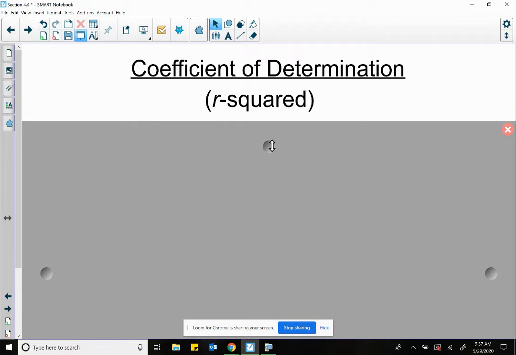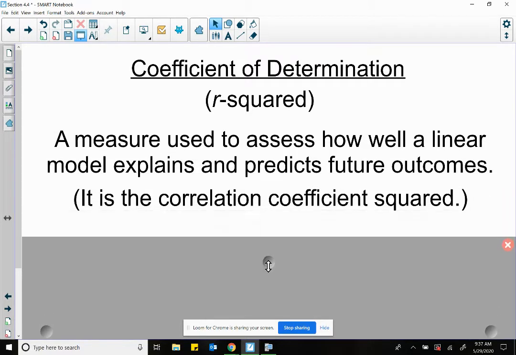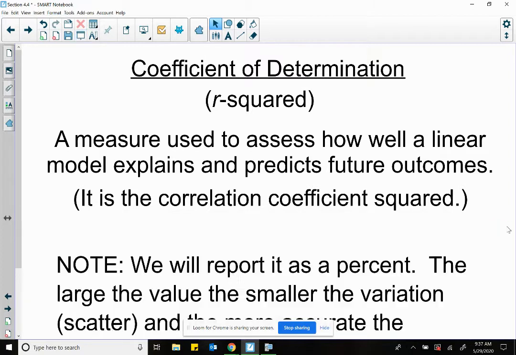What the coefficient of determination is, it is a measure used to assess how well a linear model explains and predicts future outcomes. So this number tells us how good our linear model is.